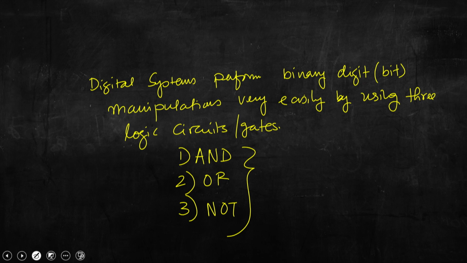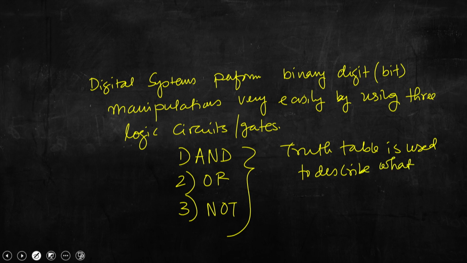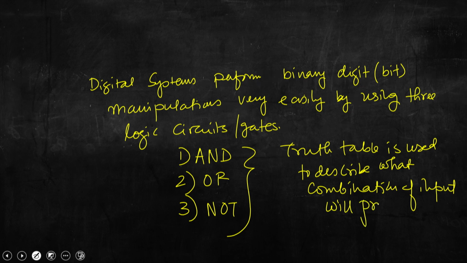For all these 3 gates, a truth table is used to describe what combination of inputs will produce a particular output.